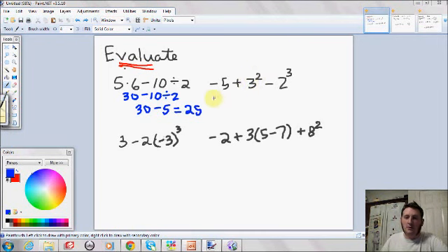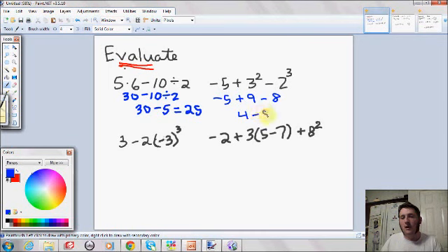So we would have negative 5 plus 9 minus 2 to the third, or 2 times 2 times 2 is 8. And so we would have -5 plus 9 is 4. 4 minus 8 gets us our grand total of -4.